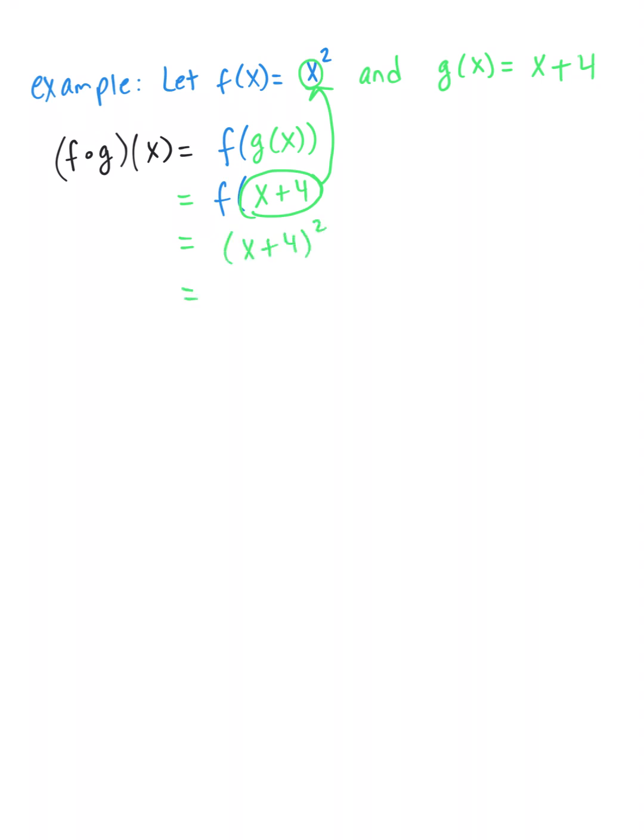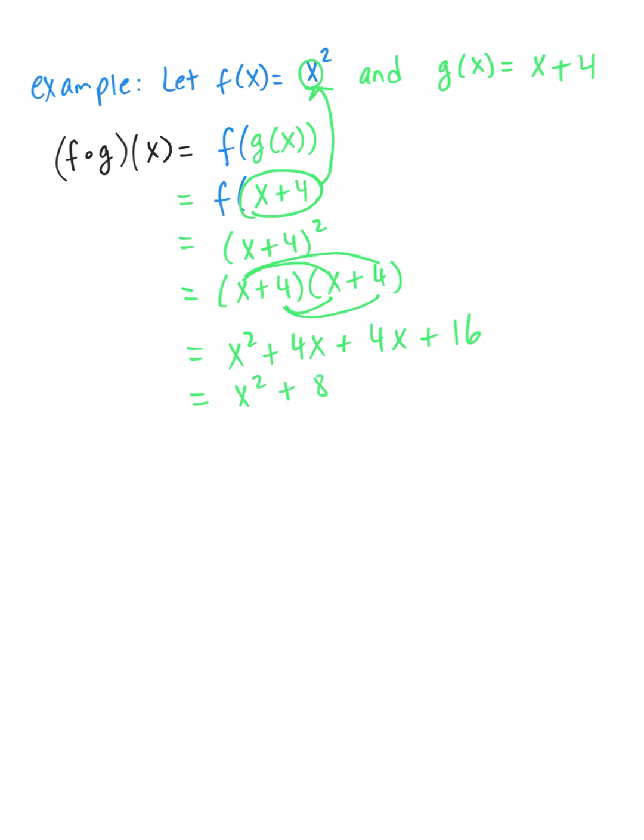Now, what's very important when you see that written like this is that you remember that that means this, so that you FOIL: first, outer, inner, and last, so that you don't just get x squared plus 16, but you get x squared plus 4x plus 4x plus 16, for a final answer of x squared plus 8x plus 16.